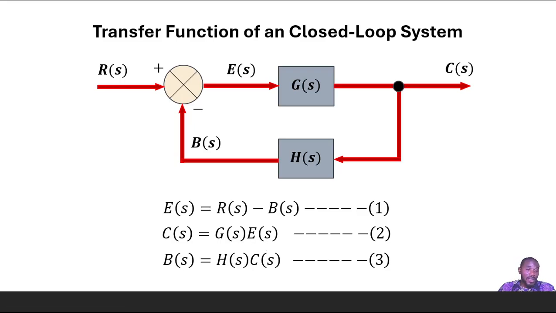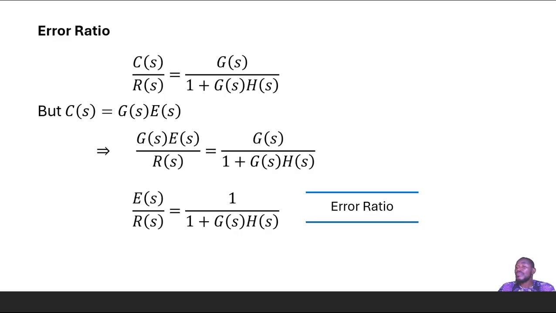According to that, if we are dealing with our error ratio now, from this transfer function here, if we plug in the value of C of S here, we have G of S, E of S divided by R of S equals G of S all over the denominator.